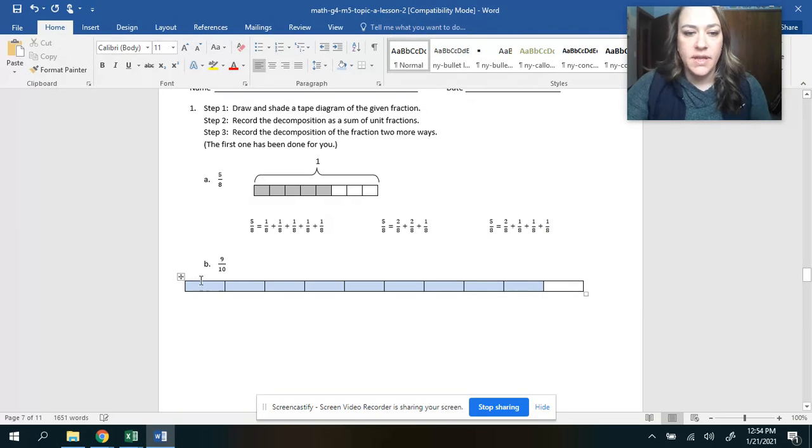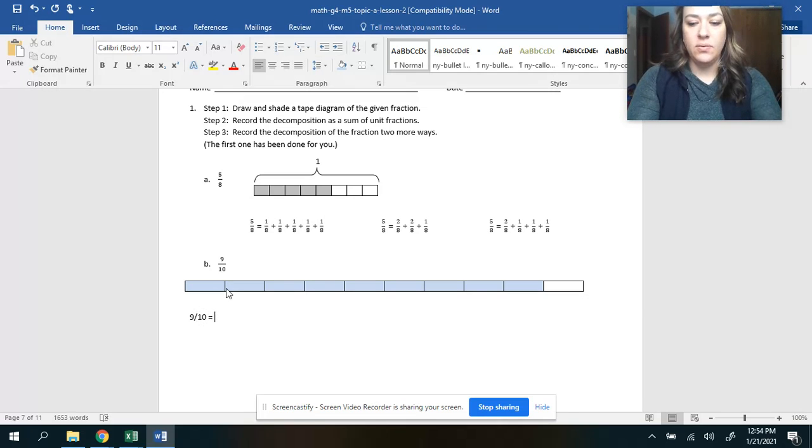Okay, so we have our 9/10, which is showed in our tape diagram. So now we need to show that 9/10 is equal to 1/10 plus 1/10. How many do we have? 9.